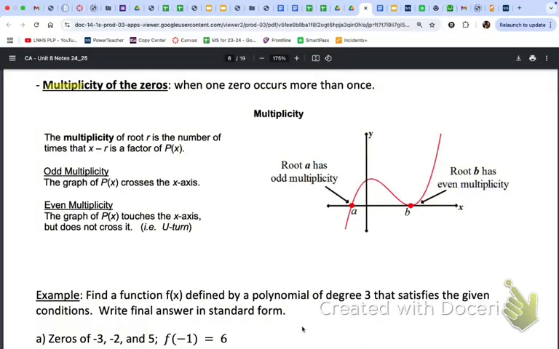Obviously you can see the word multiple in it. And so if I, for example, have something like x minus 3 to the second power, this zero, so this would be 3, the zero of that has a multiplicity of 2. Multiplicity.